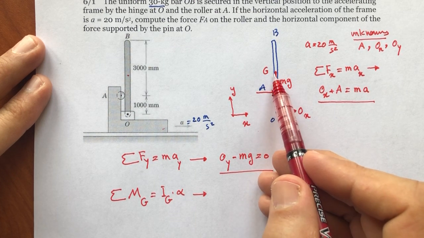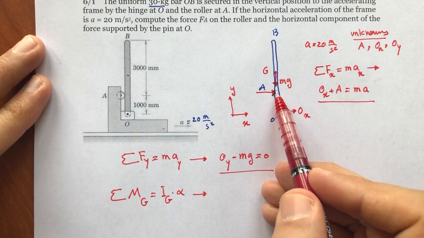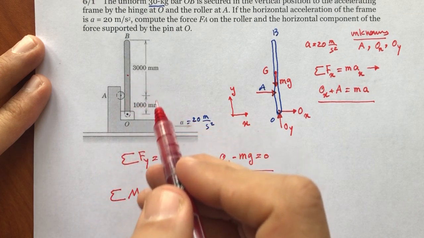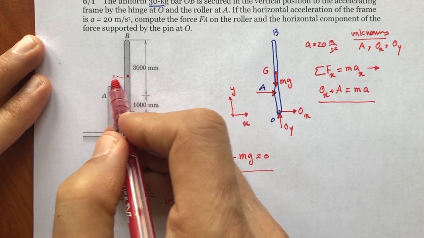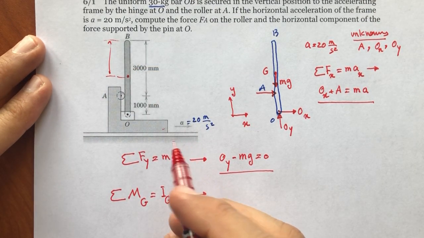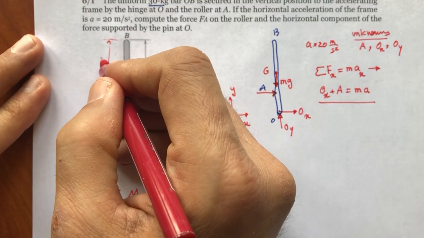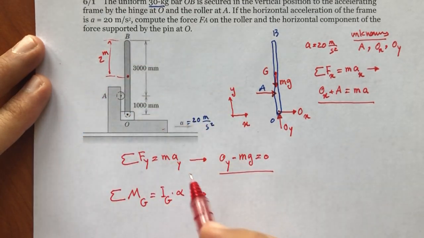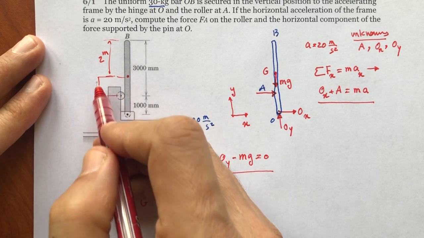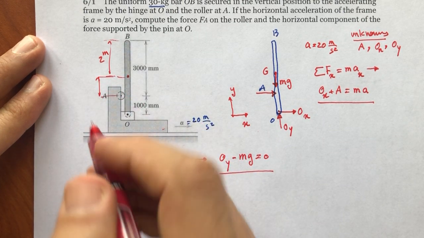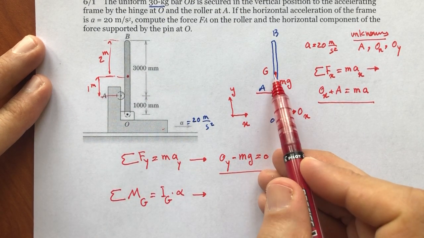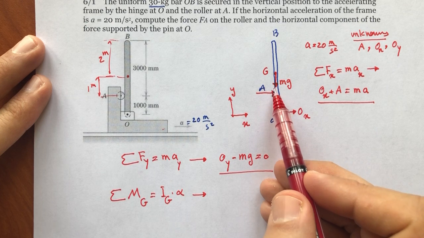Moment of A about G is going to be A times this distance, right? And what is that distance? If you look at this plot, the centroid is going to be here. It is 2,000 millimeters from the top, or 2 meters from the top. So from here to here is going to be just 1 meter. So force A times the distance, 1 meter.